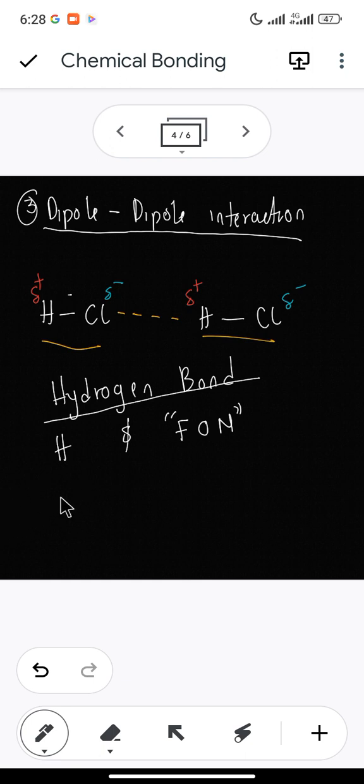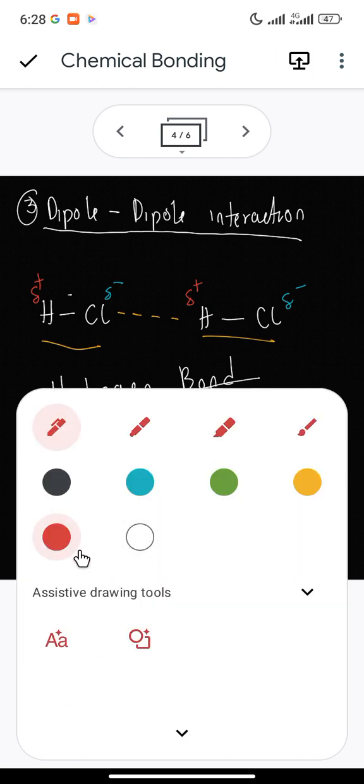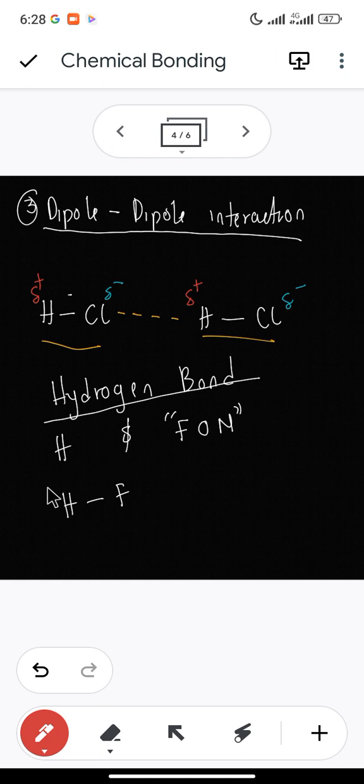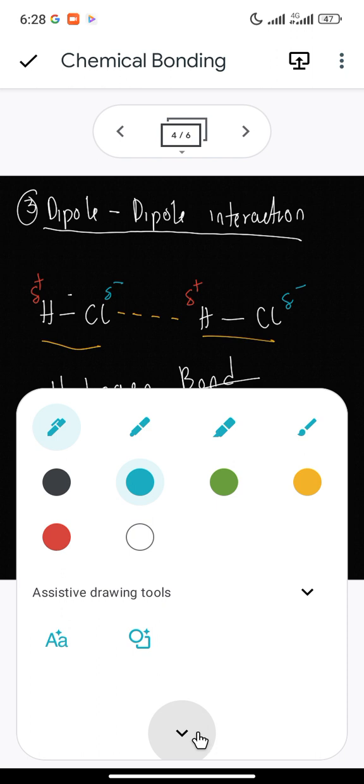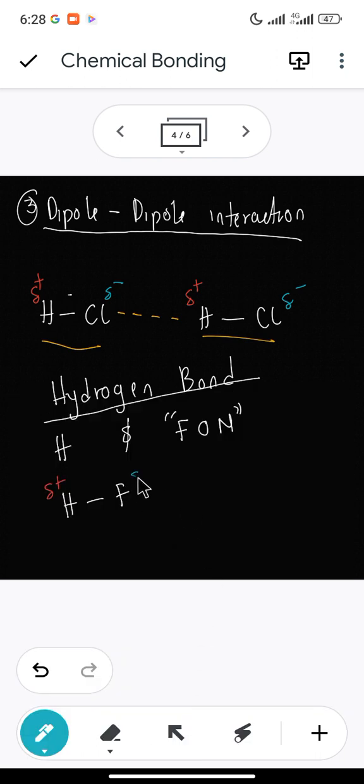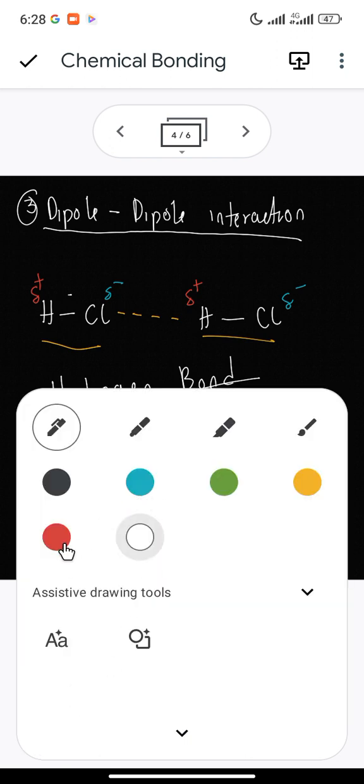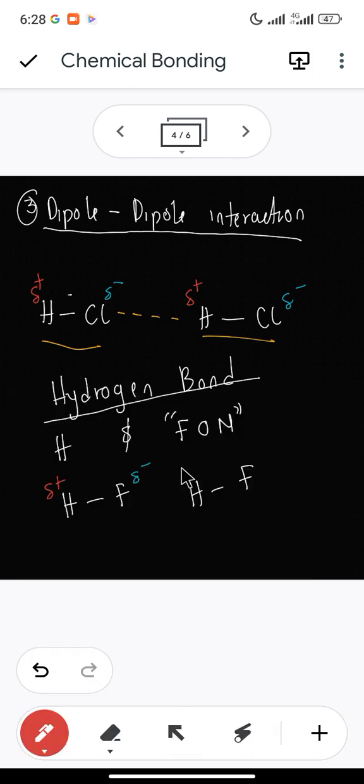Let's say you have hydrogen fluoride, similar to the example we just talked about earlier. So this hydrogen is going to be slightly positive, and fluorine is going to be slightly negative. Same thing if you have another molecule of hydrogen fluoride. Now hydrogen is going to be slightly positive, and fluorine is going to be slightly negative.